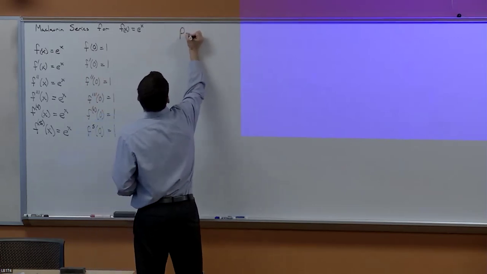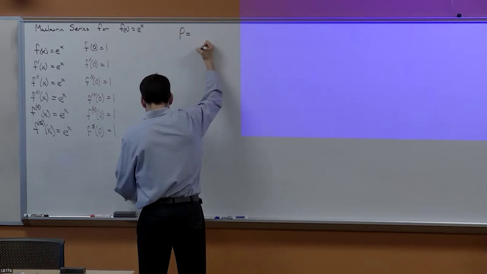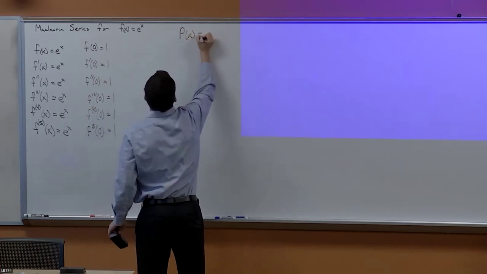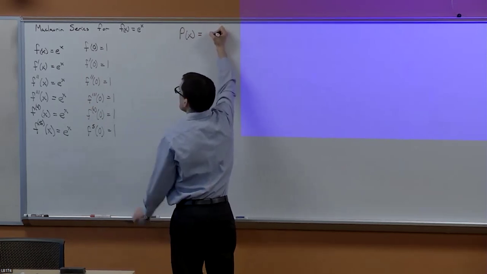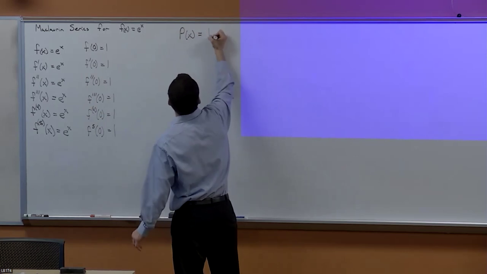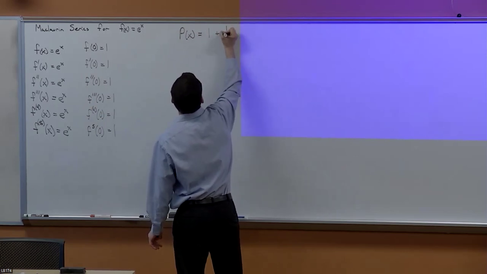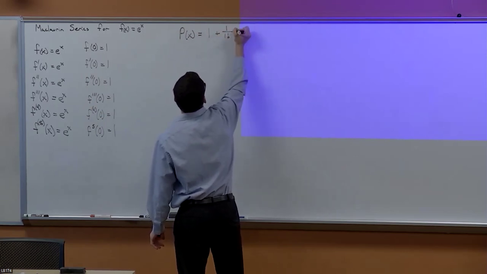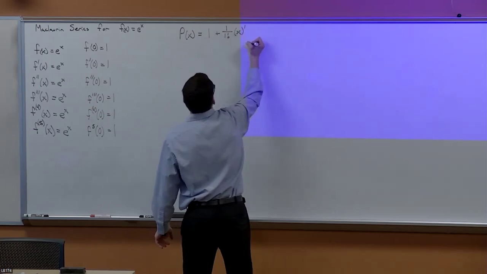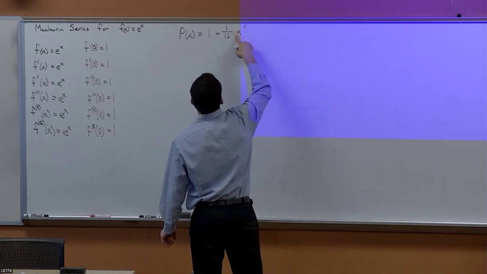That means my polynomial is going to be 1 plus 1 over 1 factorial times (x minus 0) to the first power. I can leave off parentheses there.